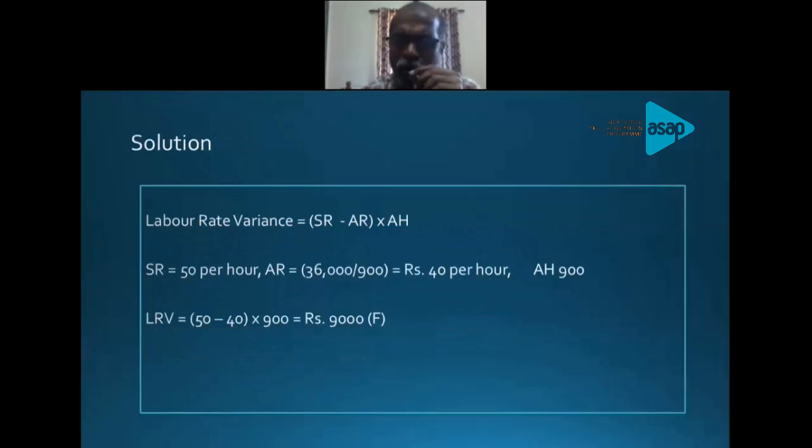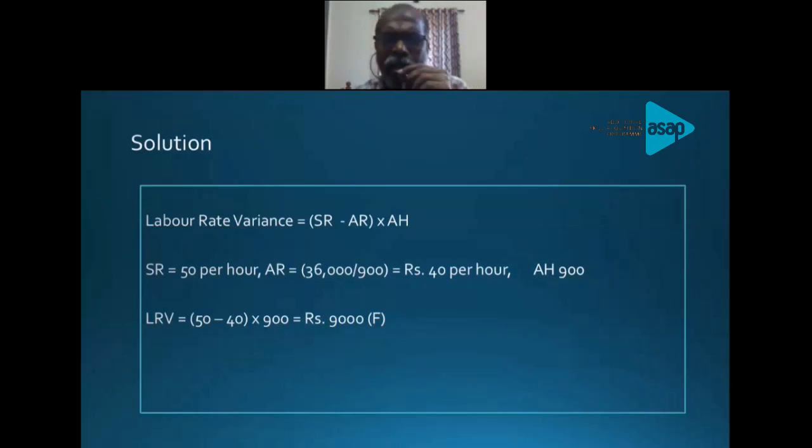So we have to see the rate variance. Equation here is standard rate minus actual rate into actual hour. So labor rate variance is 50 minus 40. 50 is the standard rate, and actual rate is not directly given in the question, so we have calculated it: total labor cost, 36,000, divided by actual hours worked, 900, that is 40 per hour.